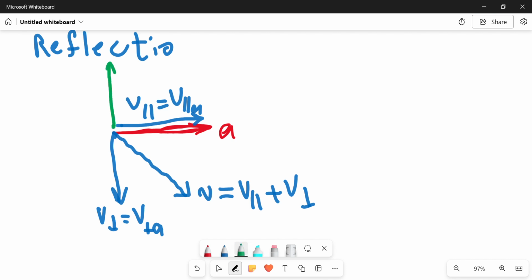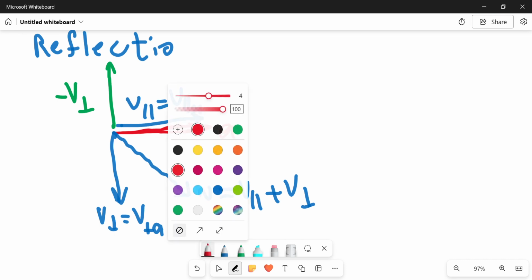If we go the other way around, if we go up, same magnitude, opposite direction, what is it? It is V perpendicular and the negative. So when I get the resultant of V parallel and minus V perpendicular, what do I get?